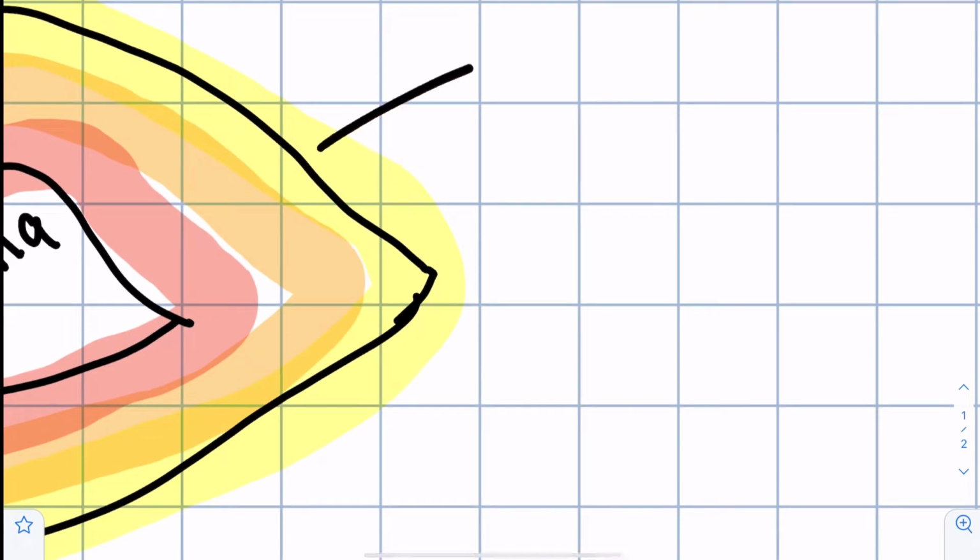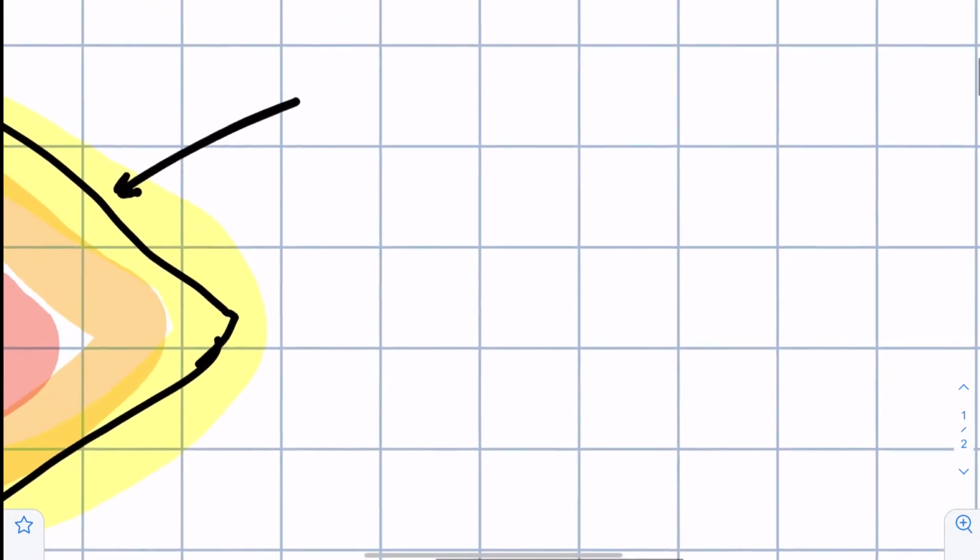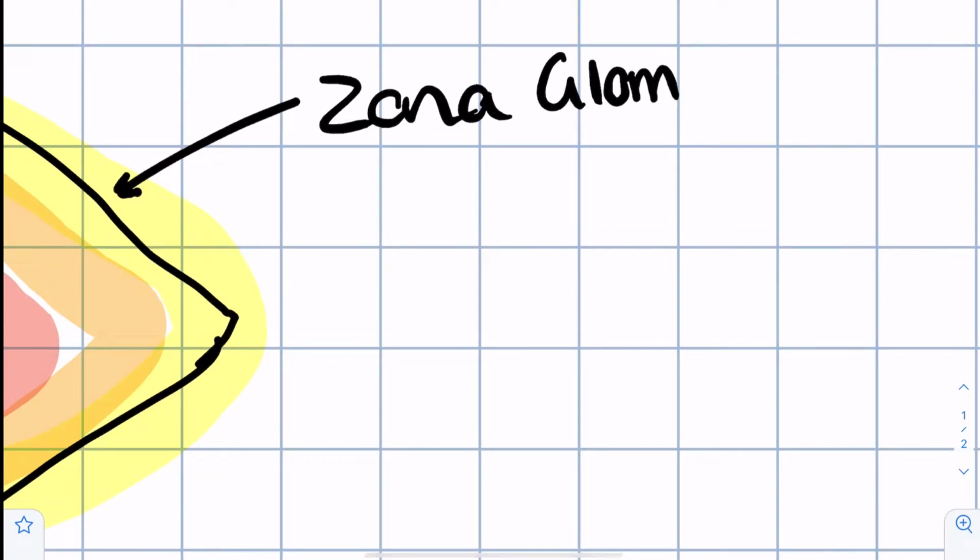So what are our layers of the adrenal gland? So on the outside we have the zona glomerulosa.